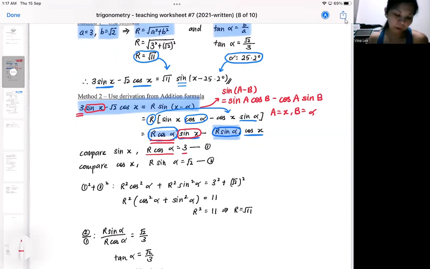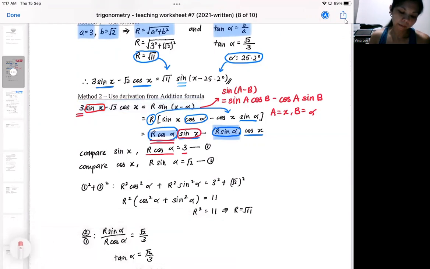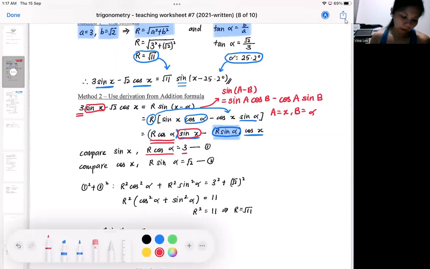So I am comparing the sine x on both sides. In case you find it a bit difficult to see, you can actually do it something like this.